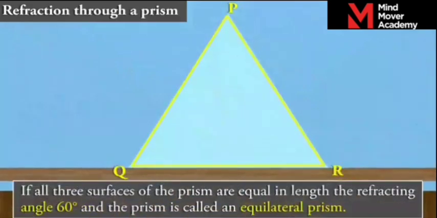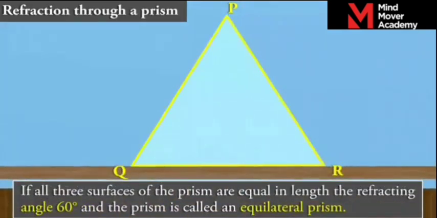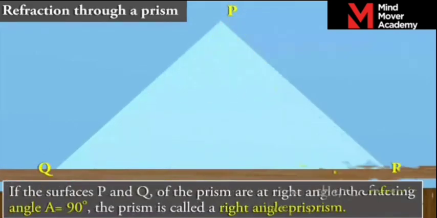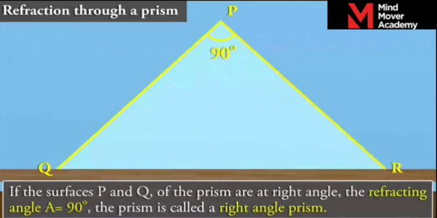If all the three surfaces of the prism are equal in length, the refracting angle is 60 degrees, and the prism is called an equilateral prism. Also, if the surfaces P and Q of the prism are at right angle, the refracting angle A is equal to 90 degrees, the prism is called a right angle prism.